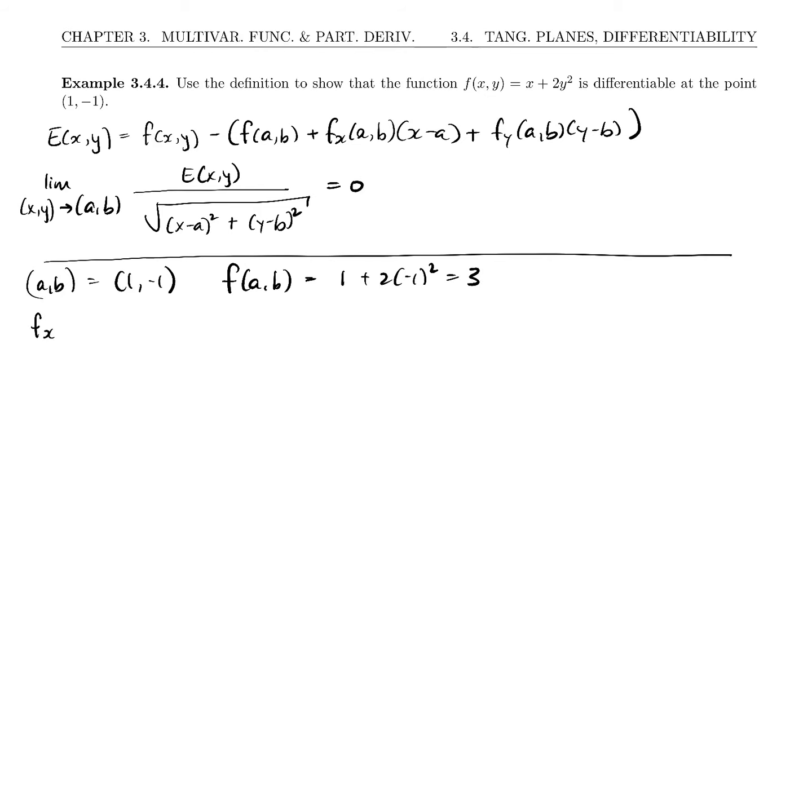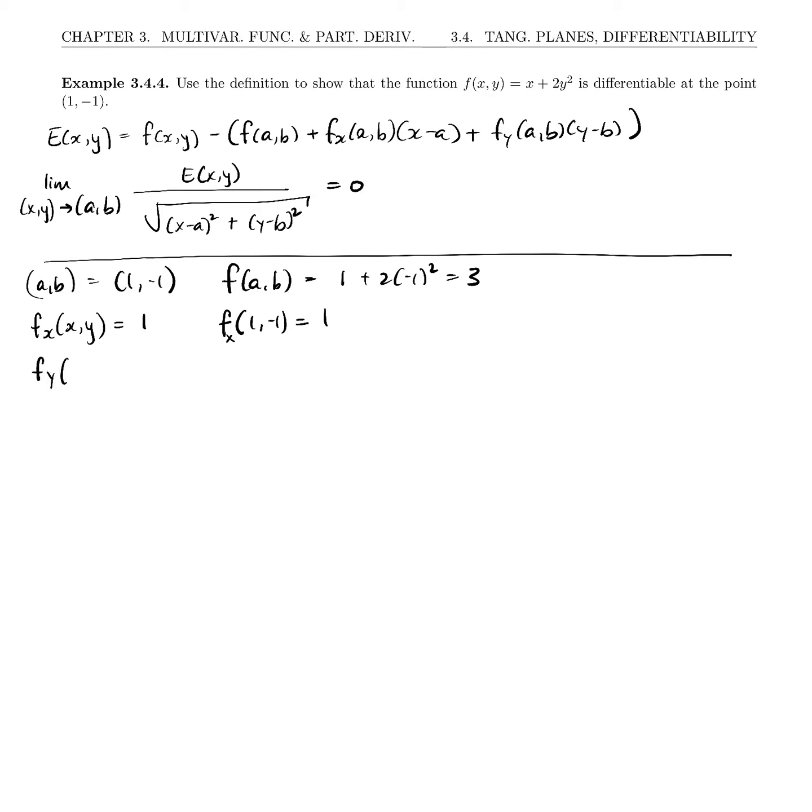We need f sub x. So f sub x at any point x y is, we're taking the derivative here of x plus 2y squared with respect to x. The 2y squared disappears and the derivative of x is just 1. So f sub x at our point 1, minus 1, is just 1.